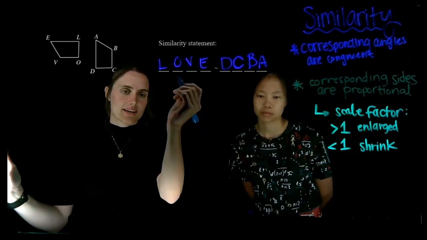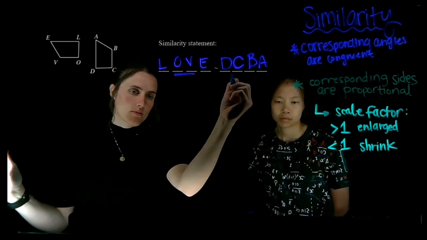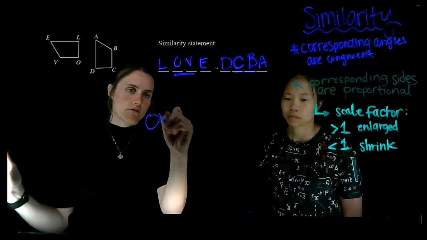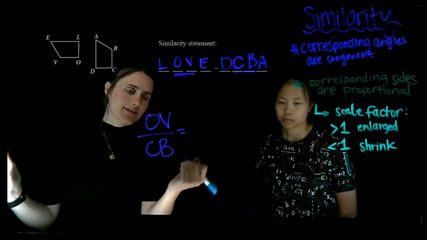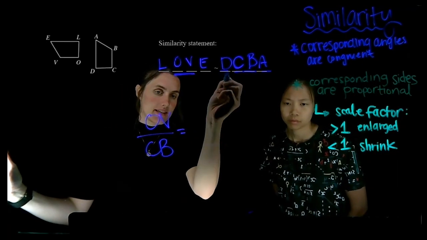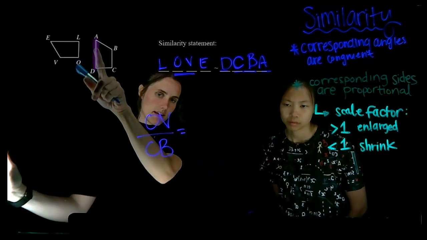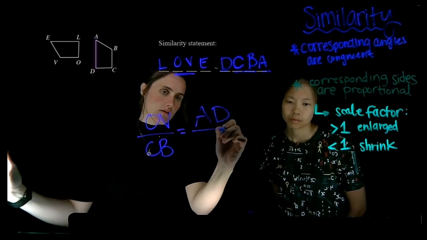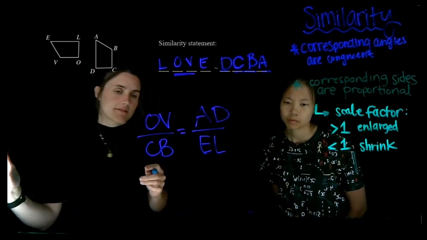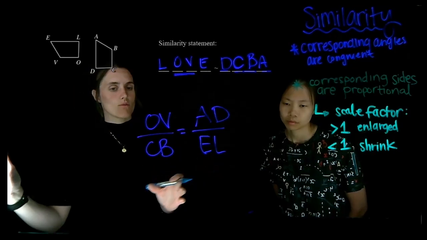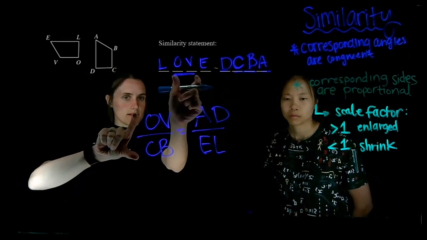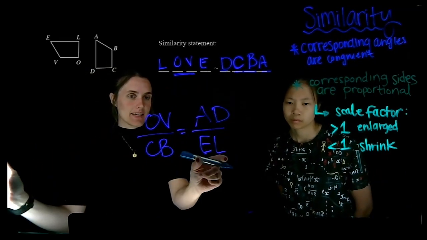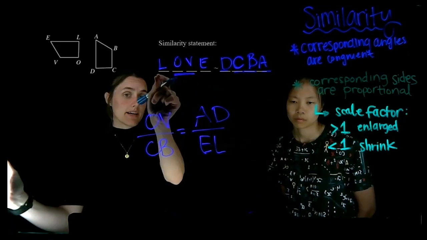What if we said side length OV corresponds with CB, and let's say that's equal to AD, because if we look over at this shape, that's saying AD right here, this side length here. AD corresponds to EL. We have to figure out, is this a true statement? Well, OV over CB, that's the middle piece here, and AD and EL are the end pieces. So that is not true.